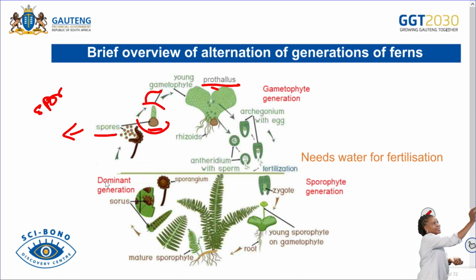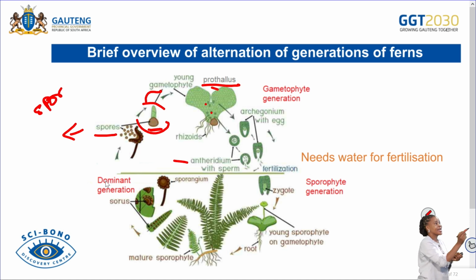The young gametophyte is referred to as the prothallus. What is the prothallus? The prothallus is that heart-shaped structure of the gametophyte. It is the part of the fern that has both male and female gametes. Now, the male gamete structure is called the antheridium, which develops on the prothallus.